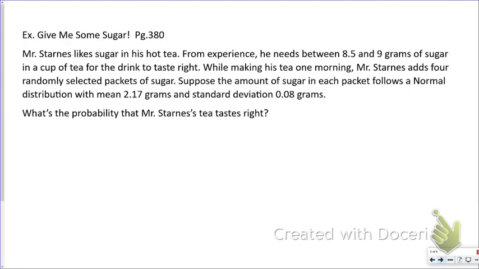This one is about tea and putting sugar in your tea. This guy, Mr. Starnes, he thinks that his tea tastes right if it's between 8.5 and 9 grams. I'm going to write needs, must be between 8.5 and 9 grams of sugar. I know the distribution of one sugar packet.